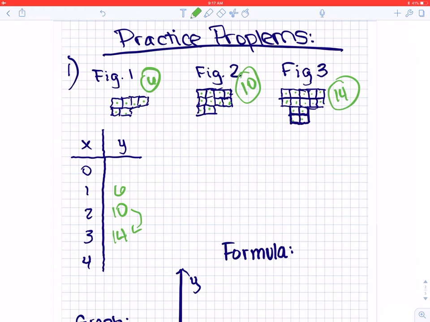Well, this is very clear to see. To get from 10 to 14 is plus 4. And if I know that 6 plus 4 is 10, well, now my pattern is plus 4. So to get to figure 0, I'm going to have to take away 4. So my figure 0 is going to have 2 tiles. And then I need to add 4 more to get to figure 4, which is going to give me 18 tiles.